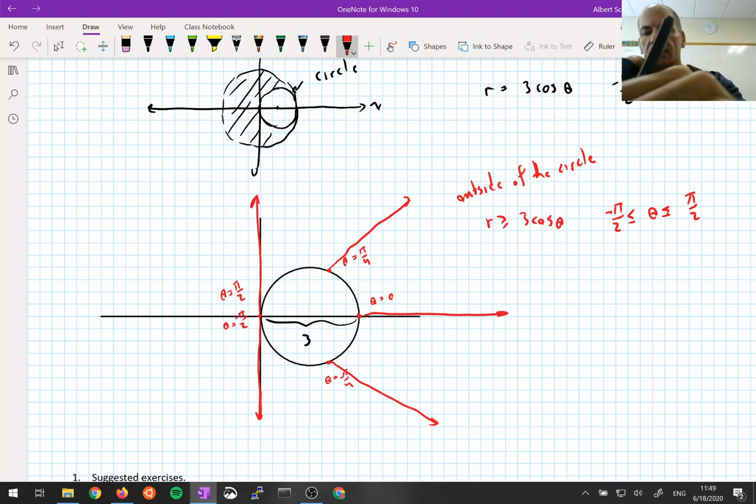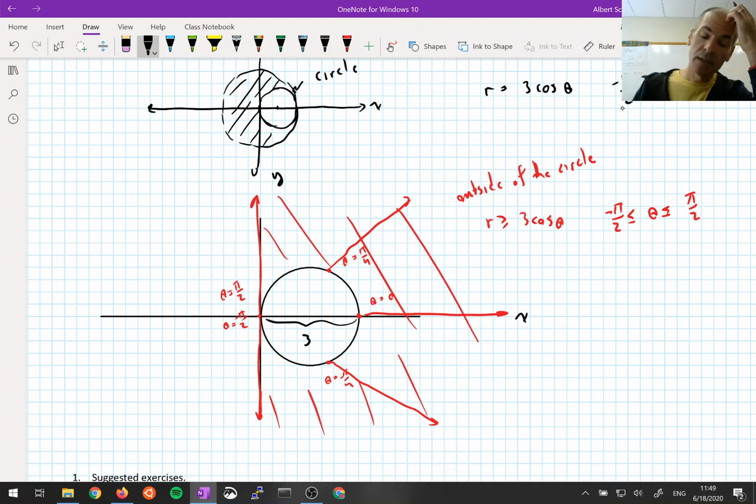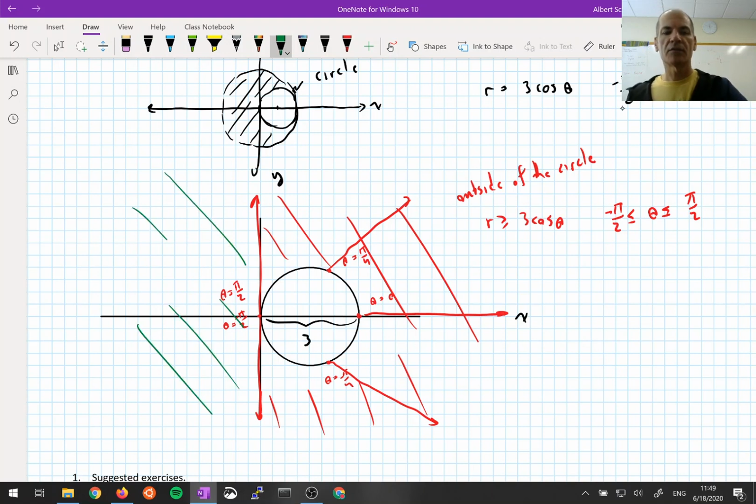So if I make this inequality, I'm shading in the entire right half of the xy plane, but I'm staying outside of that circle. So this is a condition that keeps me outside of the circle, but it only covers the right side of the xy plane. How do I describe the left side of the xy plane?